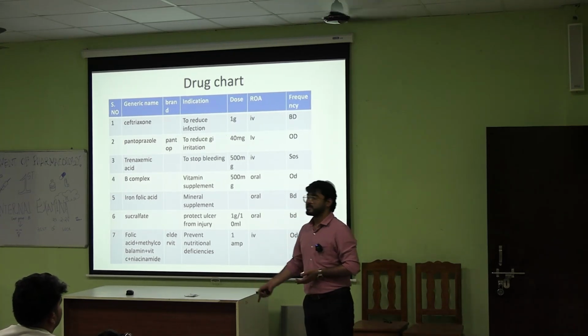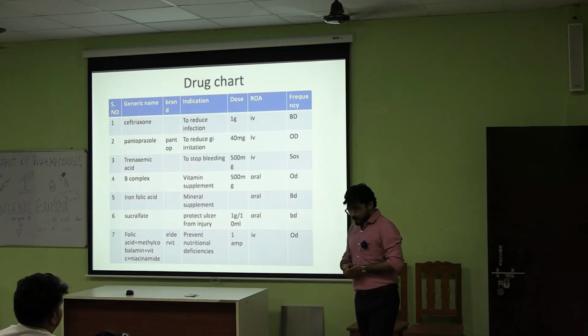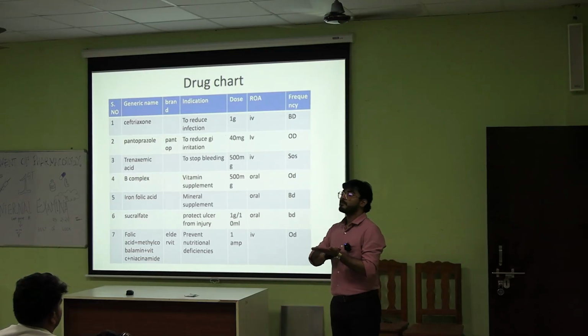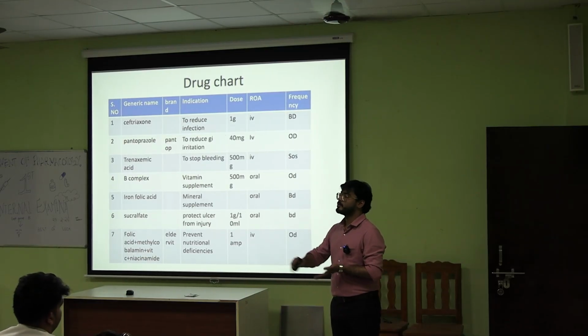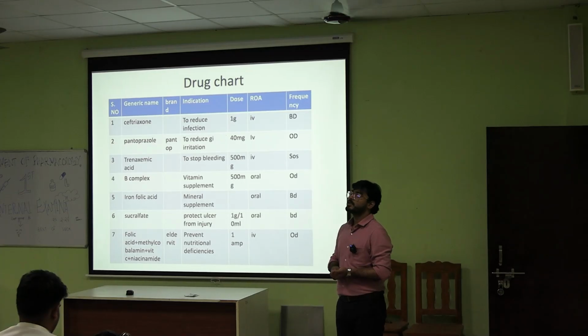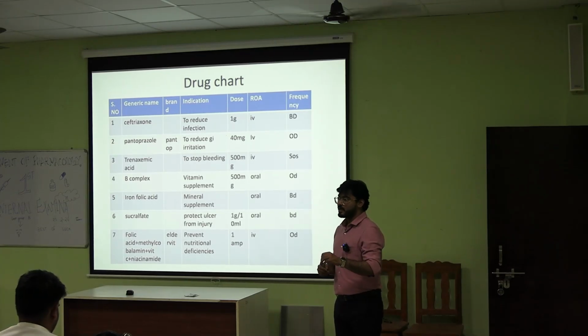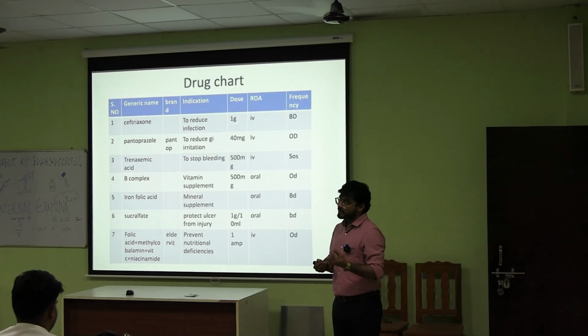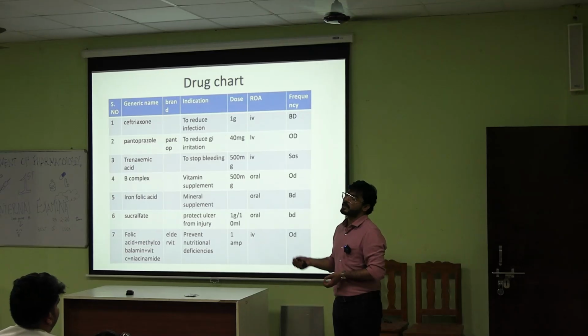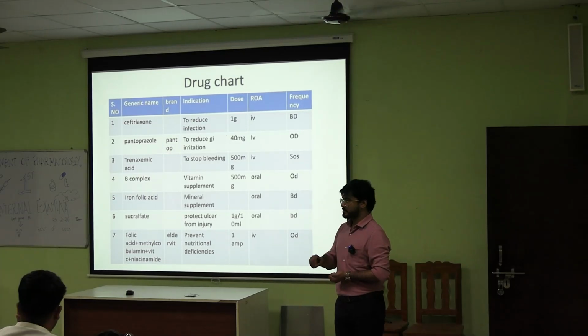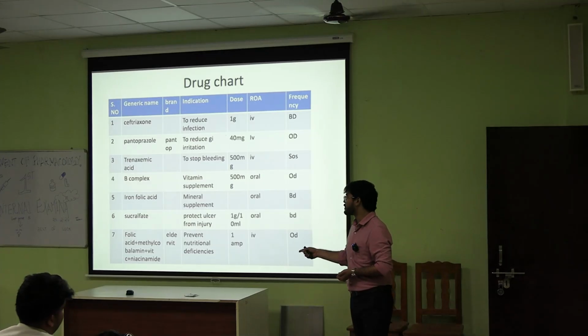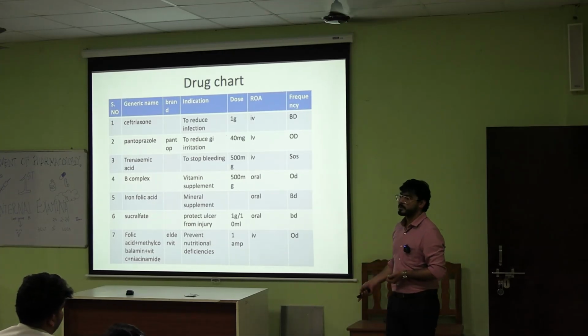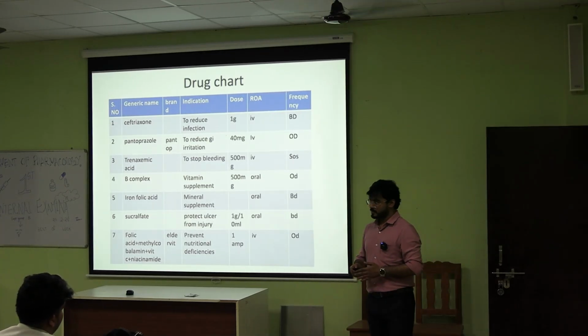And sucralfate is another drug which gives a lining over the mucosa, ठीक है, so that the eroded mucosa can get repaired by itself and shall not get disrupted again by the release of acids, ठीक है. This is the role of sucralfate and tranexamic acid is to stop bleeding, ठीक है. Clear?